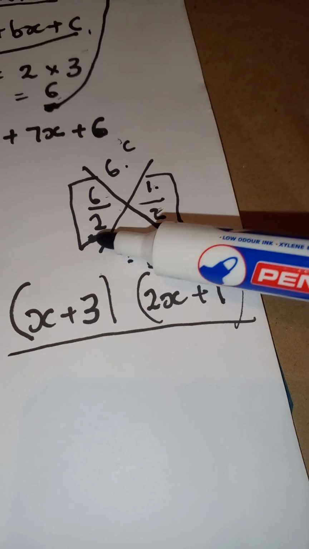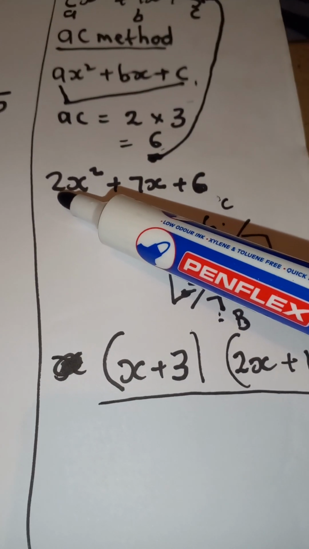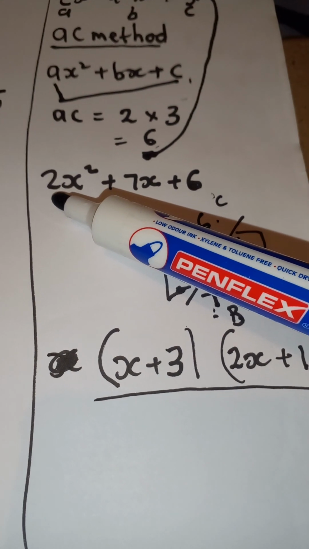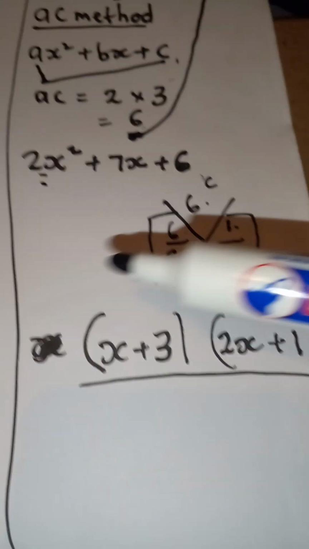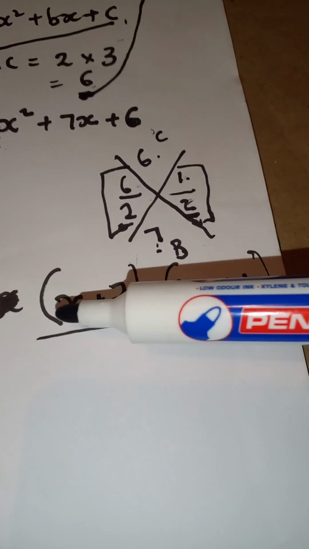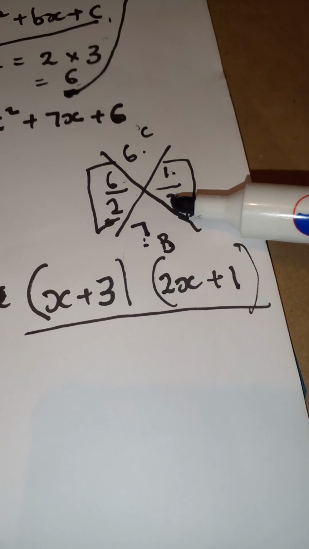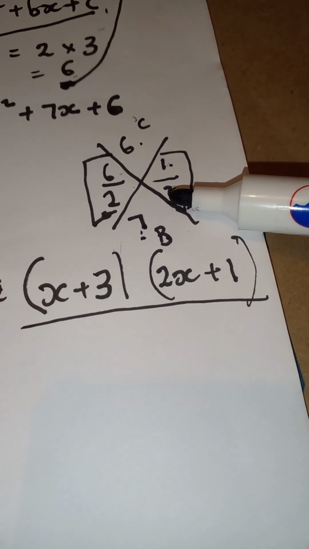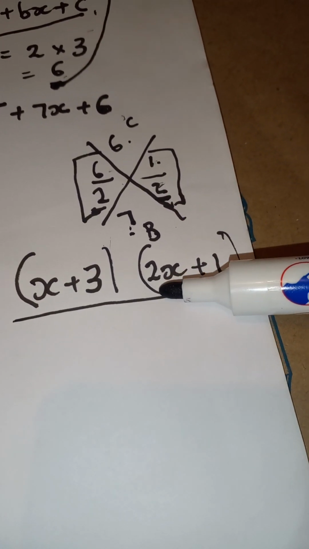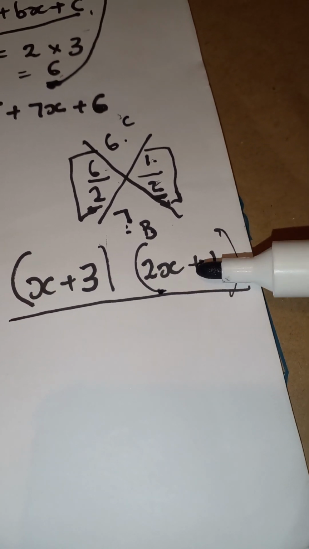Remember, this 2 is always coming from the coefficient of x squared, the value of A. So then we've got 6 divided by 2, which is our 3. Then it becomes x plus 3. Then this one, because it's not divisible, you just take it as it is. The denominator becomes our first factor, you multiply it by x, and then plus the 1.